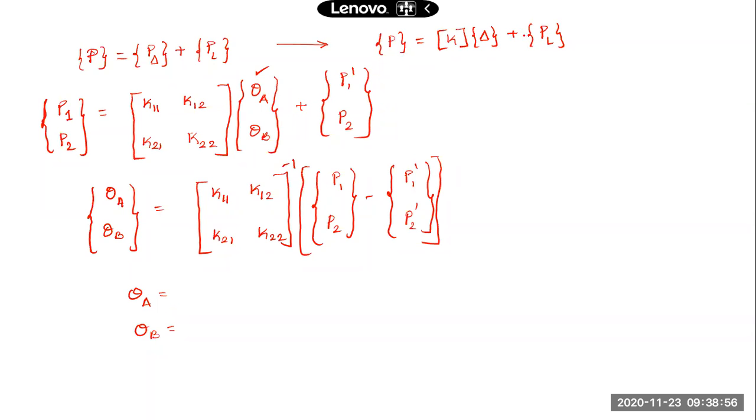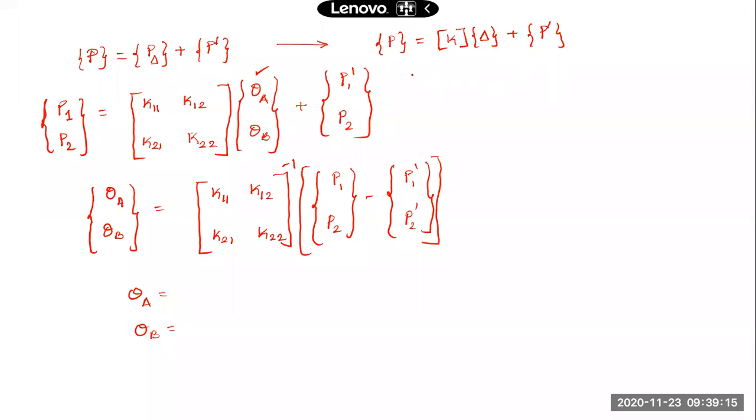Sorry, this is P dash, not PL. I have called it P dash. So this is my P dash matrix. These are the basic steps involved in the stiffness method.